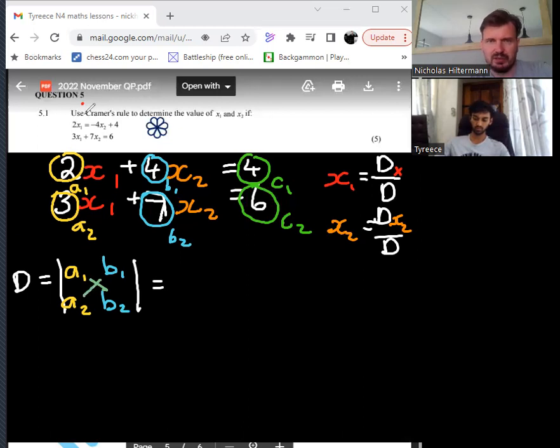So we have to say A1 times B2 minus B1 times the other one, A2. Let me do it this way: A2 B1. So it's yellow, yellow, blue, blue. You cross multiply these to get the determinant, and then let's see what that is.